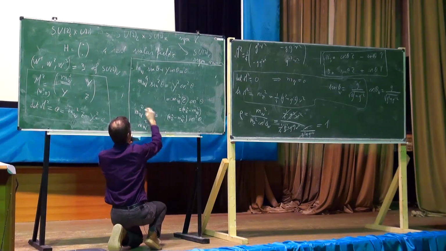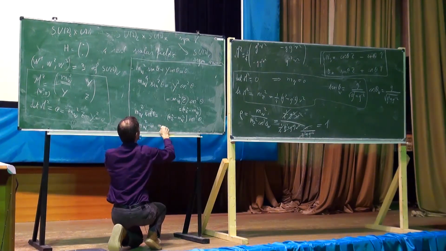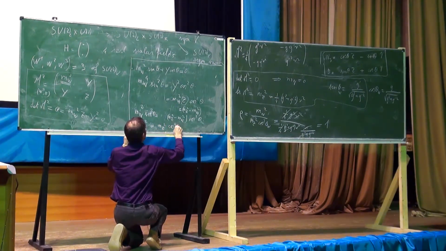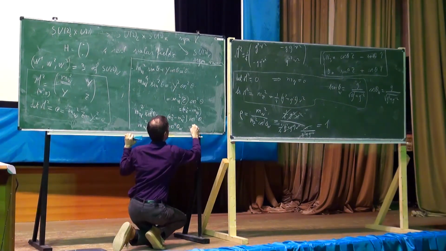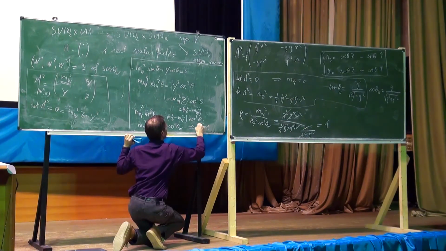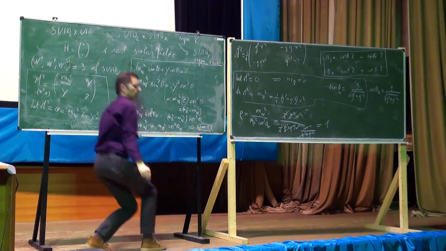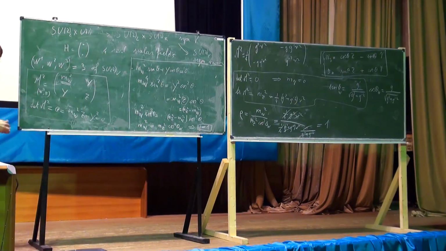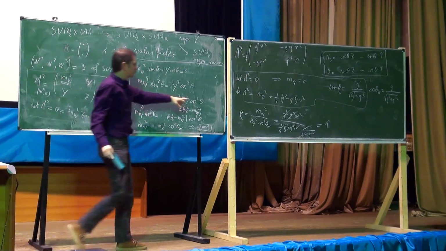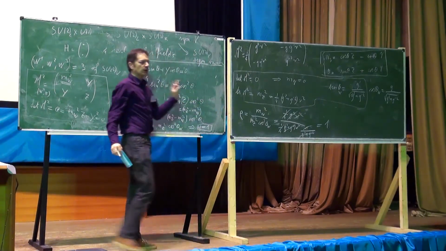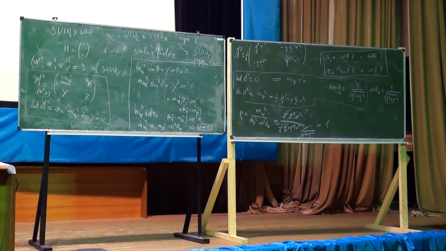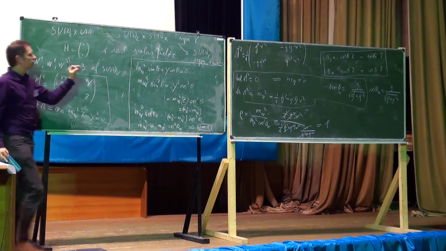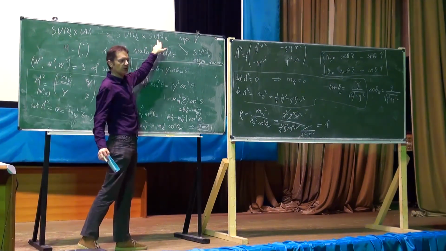So the mass of the W squared is equal to the mass of the Z squared times cos squared theta W. Which is nothing else than saying that the rho parameter is equal to 1. So what we have obtained here is that this relation, that the rho parameter is equal to 1, is a simple consequence of the symmetry of the vacuum, that the vacuum is invariant under this SU2 diagonal symmetry.